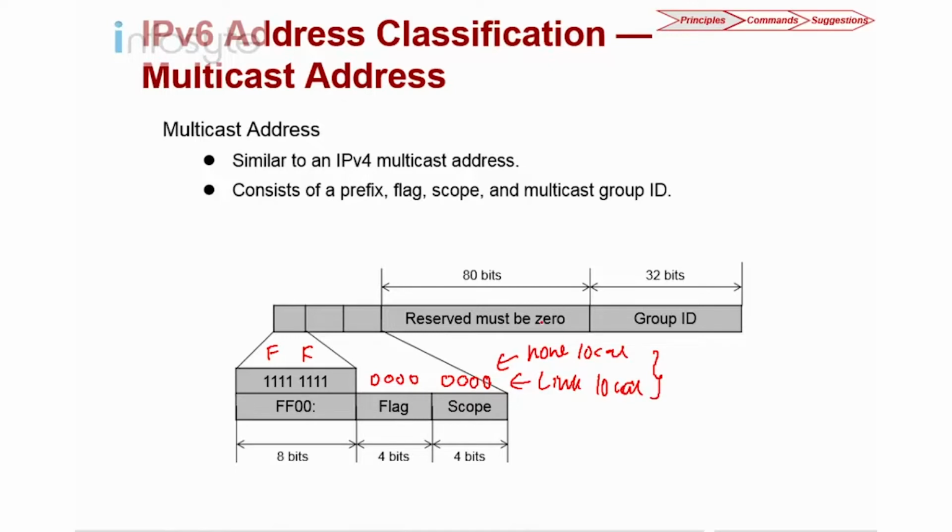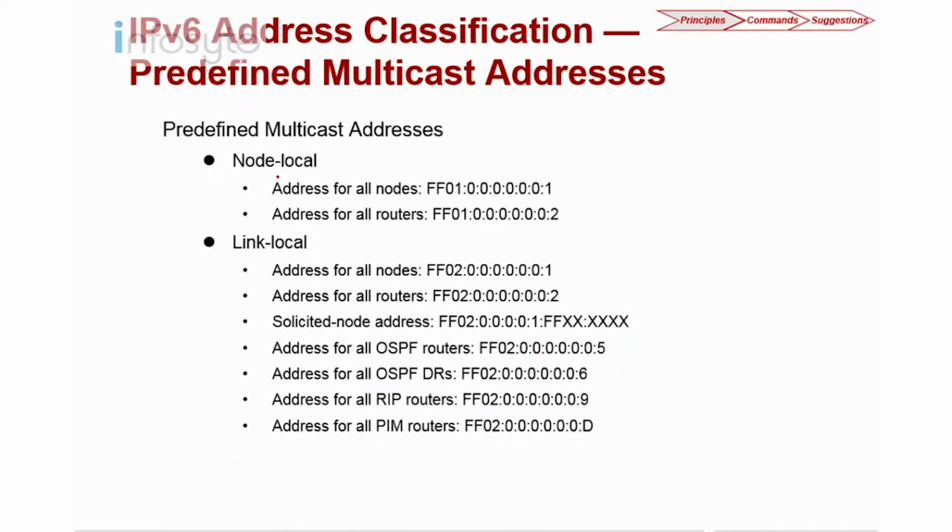So as a summary, when you see FF00::/8, that is the prefix for multicast. So it's pretty easy to recognize, just like how you recognize IPv4 by looking into the first byte, 224 to 239.